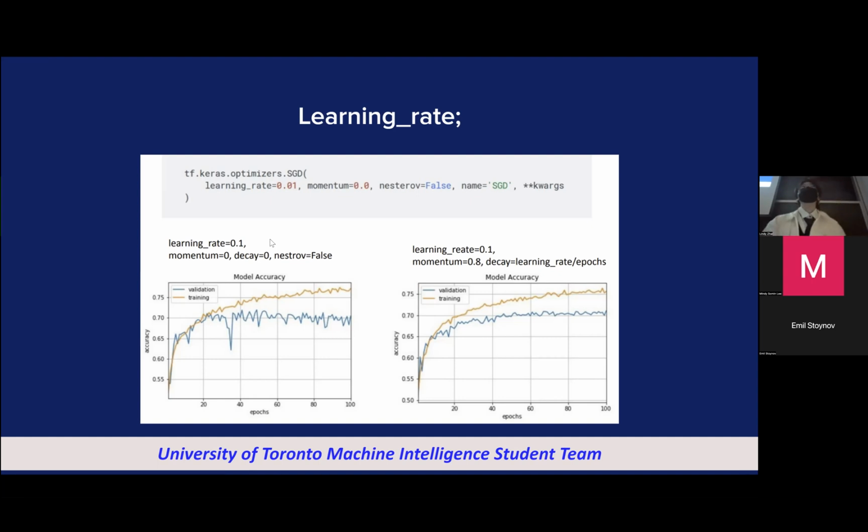Momentum is reducing the noise in your training process. Sometimes the noise helps you find a much better global minimum, but momentum helps you converge faster, and sometimes it helps you skip those noises, if that makes sense.